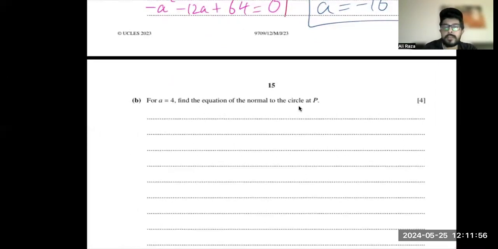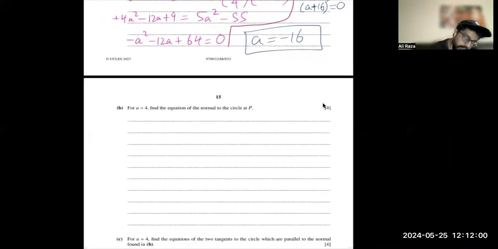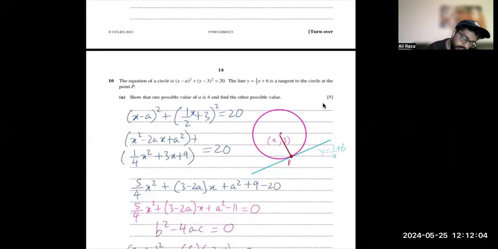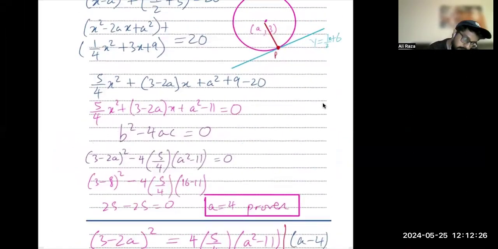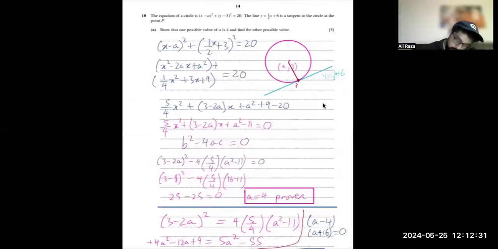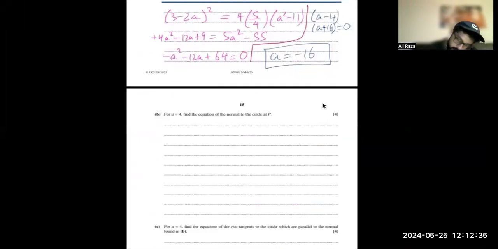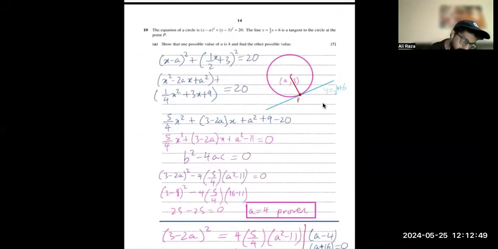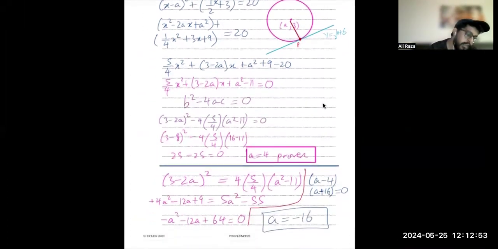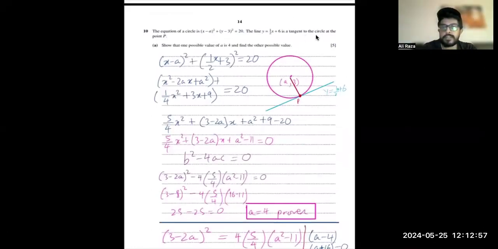For a is equal to 4, we need to find the equation of the normal to the circle at P. Since we have the value for a now, we can find the x coordinate of P, which is the intersection of this tangent and the circle.